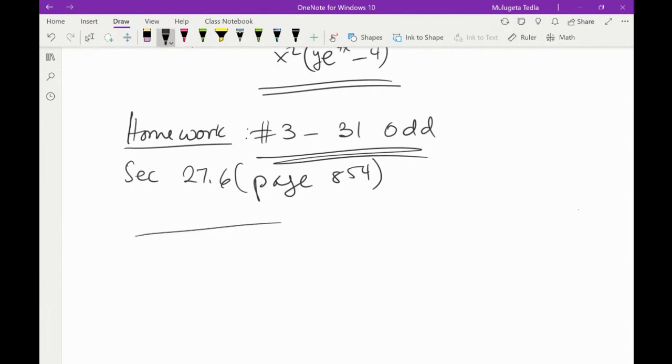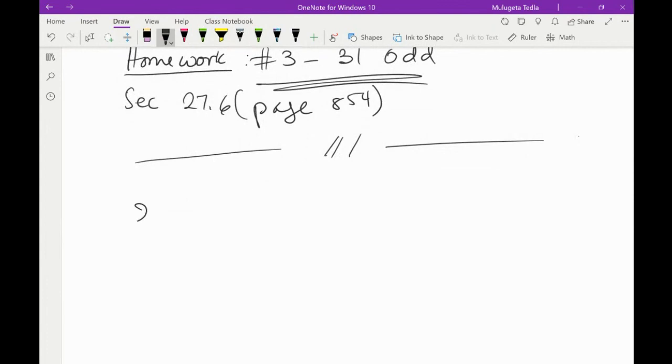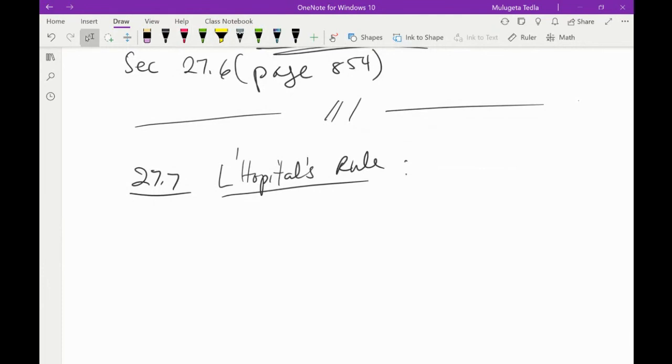So technically, I am done. Content of the course is done. There is 27.7, which, I said, is only if time permits. The idea there is 27.7 is L'Hopital's rule, which I don't intend to do a lot because it's extra anyway. But it helps. It's an operator which helps you do limits.